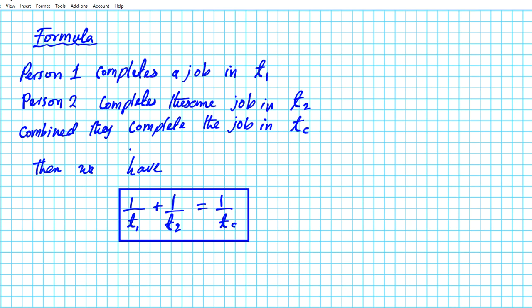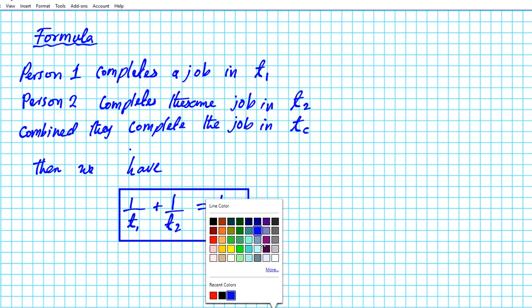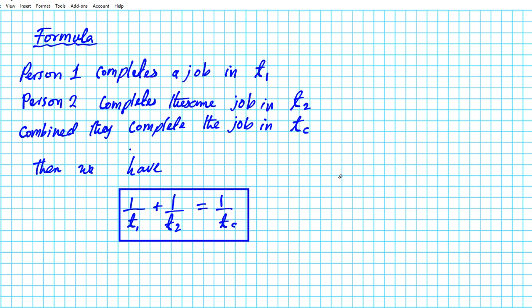Now you might wonder, where does this equation come from? This equation basically comes from the rate equals quantity over time equation. The quantity of jobs here is just one job, and the time component for the two people is either T1 or T2.